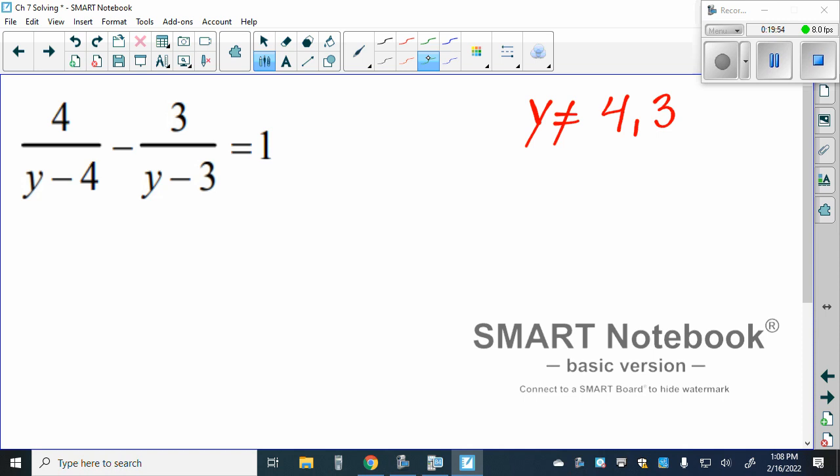Now let's actually start solving. So what do we need to multiply each term by? y minus 4 and y minus 3.